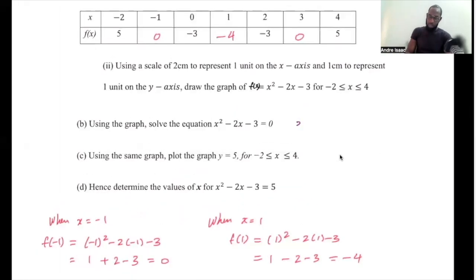So x equals -1, x equals 3. Now I like to put x1, x2. You won't get it wrong, but if I say x equals -1 and x equals 3, what is x really equal to? So I like to distinguish: x1 is equal to -1 and x2 is equal to 3.